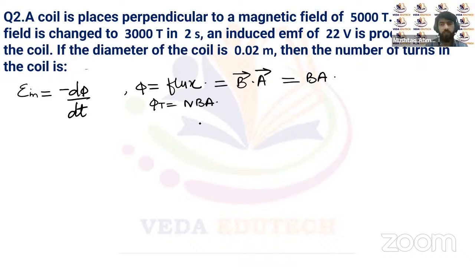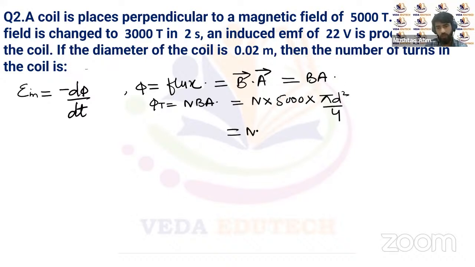Now the magnetic field is given as 5000 Tesla and the diameter is given as 0.02 meter. So we can write N as the number of turns in the coil, magnetic field is 5000 Tesla, and the area will be pi r square, which we can write as pi d square upon 4, where d is the diameter.